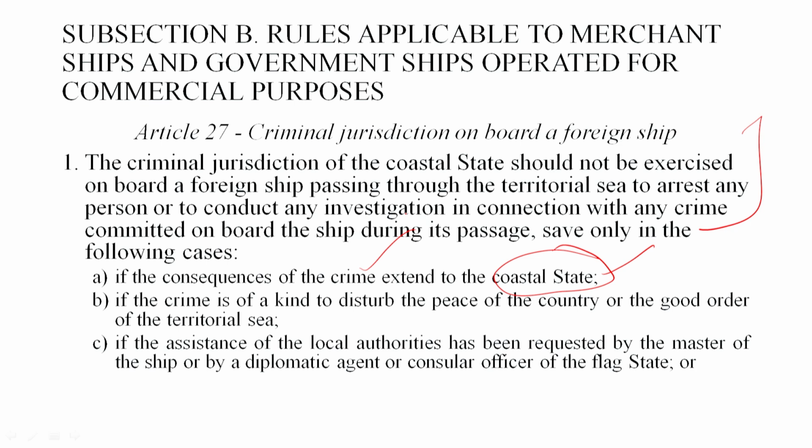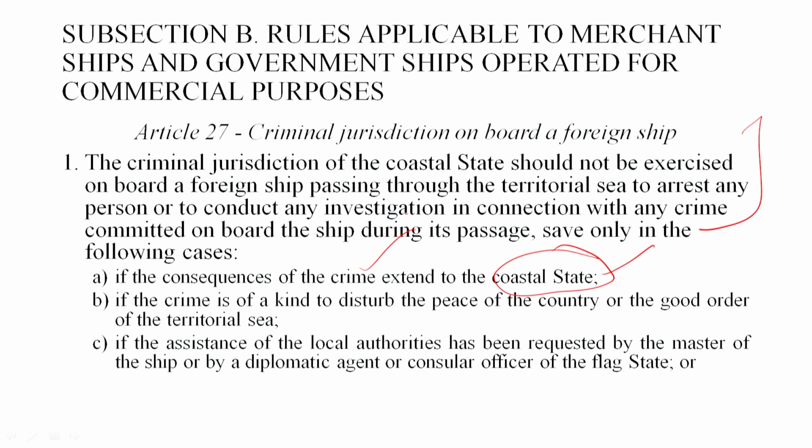Next, if the crime is of a kind to disturb the peace of the country or the good order of the territorial sea. The coastal state we are talking about, and its territorial sea where the ship has entered. Let's say there are people spying for that country, or people who can bring civil unrest, or outlawed or political people who can influence the politics of the coastal state.